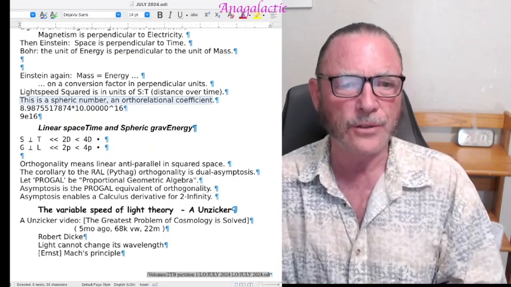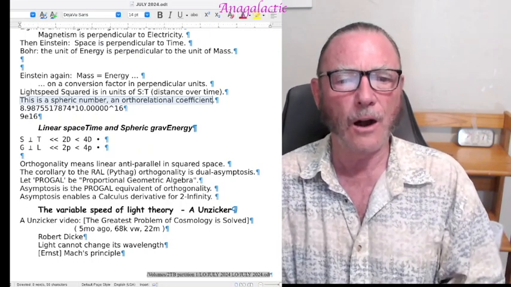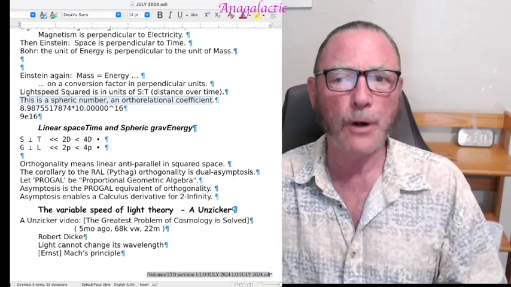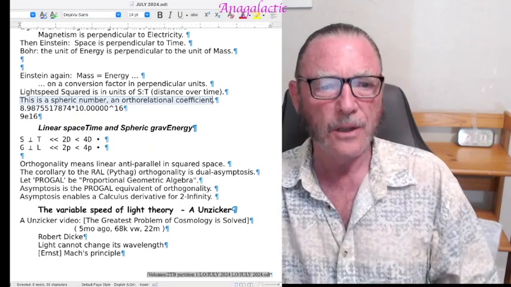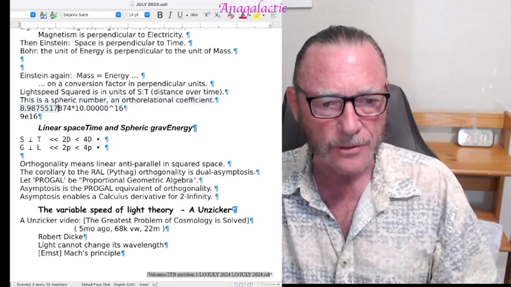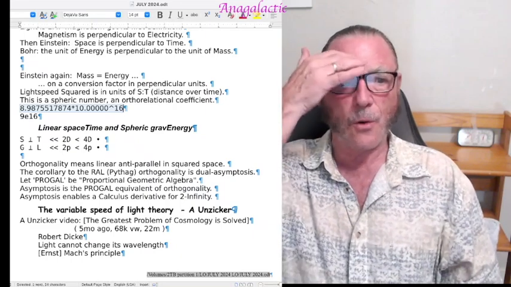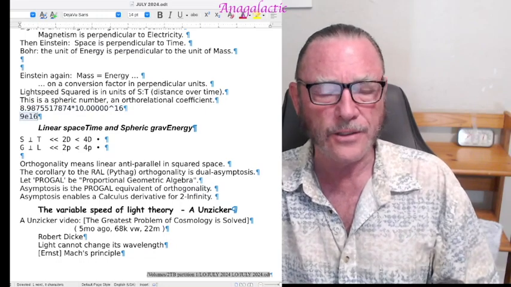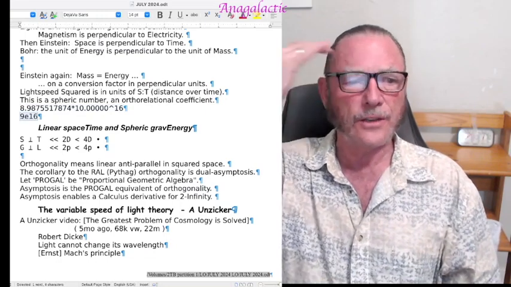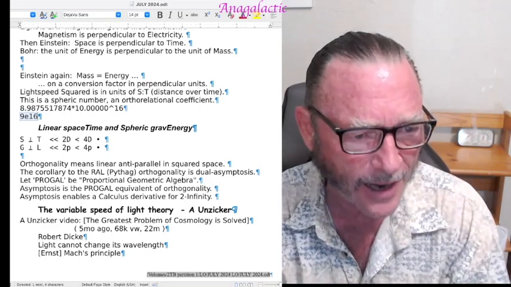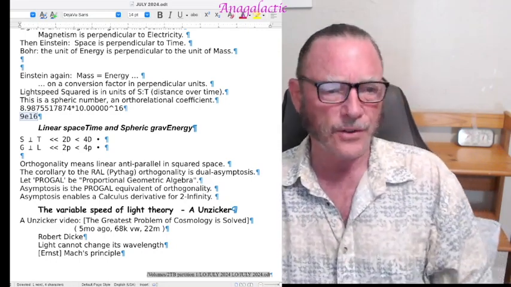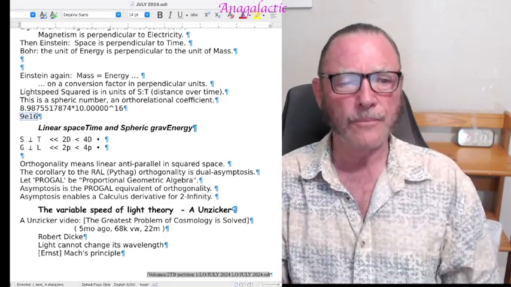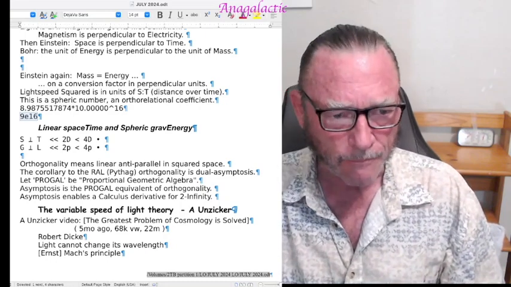The two numbers in this fraction are ortho-related. They're perpendicular quantities. The value of c squared is this number. It's abbreviated here in intensely condensed scientific notation. It's basically 9 with 16 zeros after it. What are those units? Space-time.